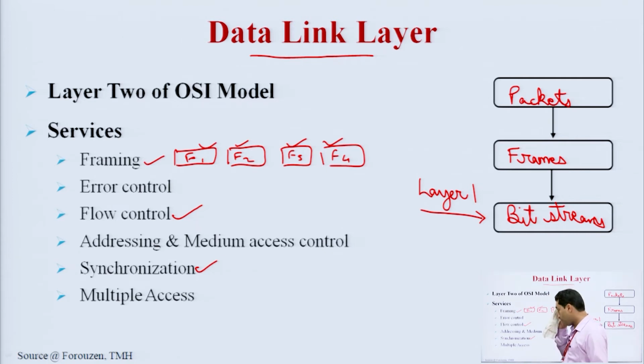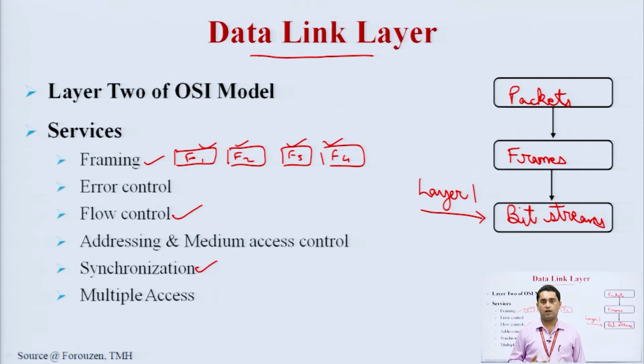Take another example, error control. What is the meaning of error control? Suppose I am saying something and you are receiving it. If during my speech you feel that a word is not complete, this will happen when we are sending data.